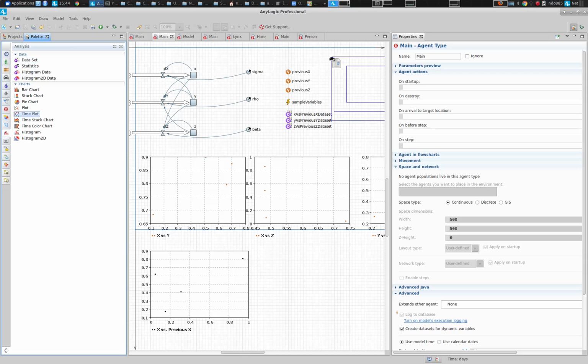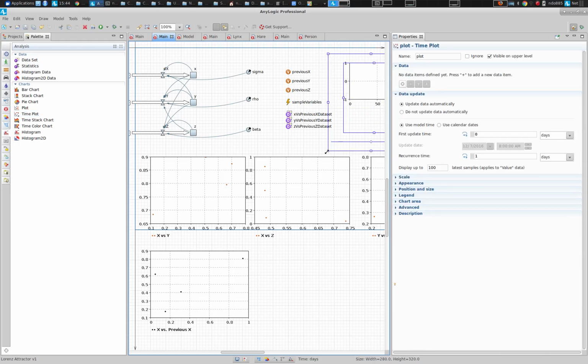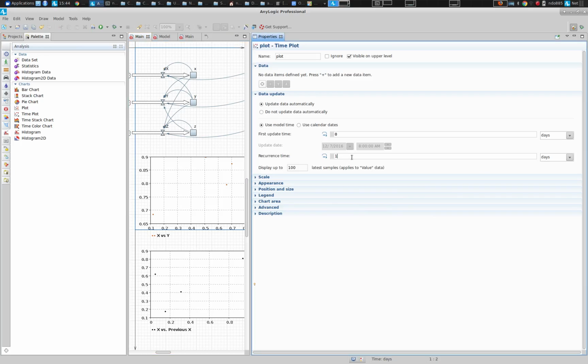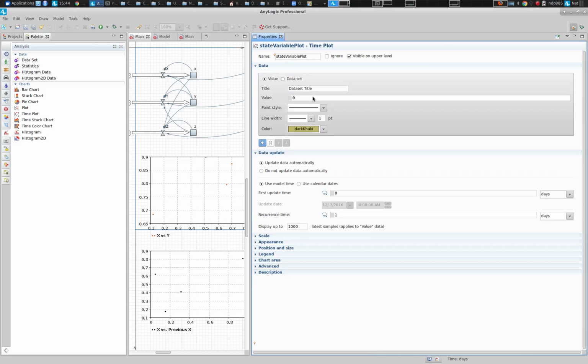I'll make it a time plot which will go for 1,000 latest samples, and this will be a state variable plot. I'm going to plot out the value of X. It'll update every one time unit.